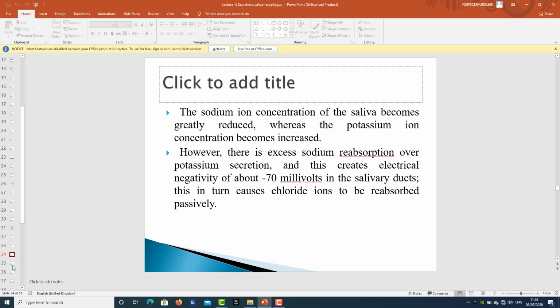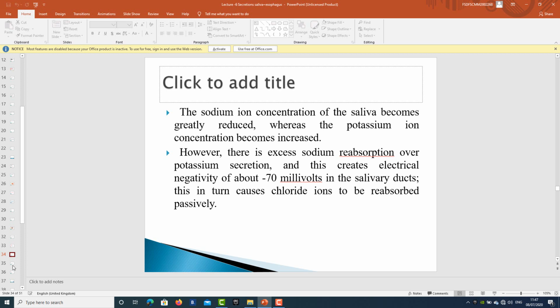The sodium ion concentration of the saliva becomes greatly reduced, whereas the potassium ion concentration becomes increased. However, there is excess of sodium reabsorption over potassium secretion, and this creates electrical negativity of about minus 70 millivolts in the salivary ducts.